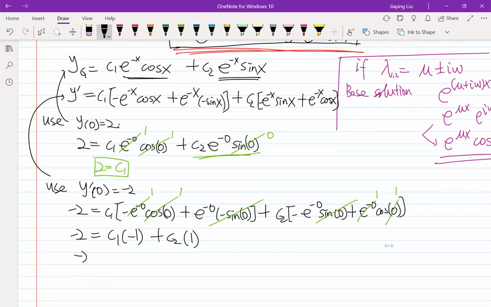That's what we have. We have negative 2 equals negative C1 plus C2. And we already know what C1 is, right? C1 we had is 2. So if we put 2 for C1, then we can get C2 to be 0.